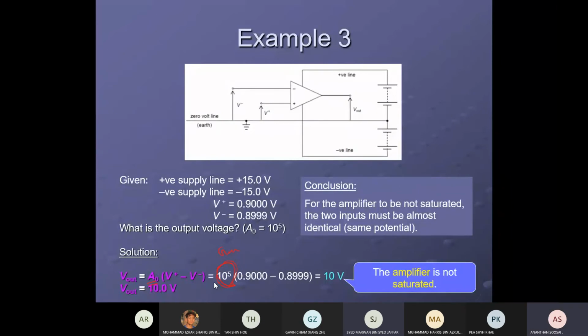Since 6 is the maximum, it will only give 6. That situation is called saturation. So the output must be lower than the supply line voltage to vary. Is saturation going to happen frequently? Yes, saturation is very common in operational amplifiers.